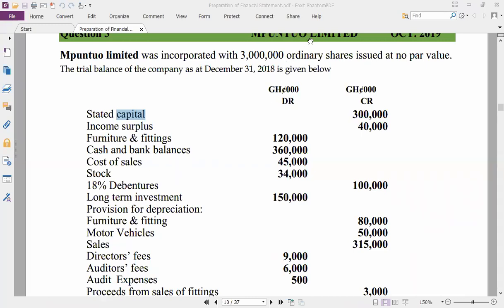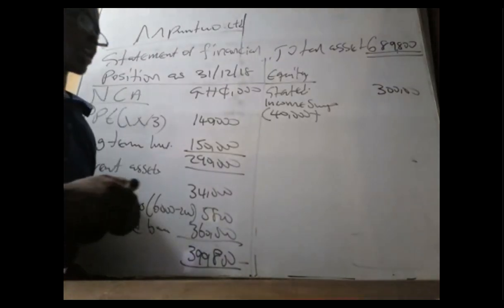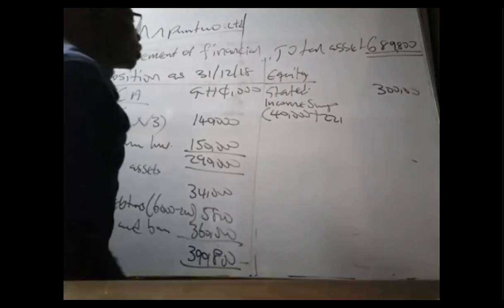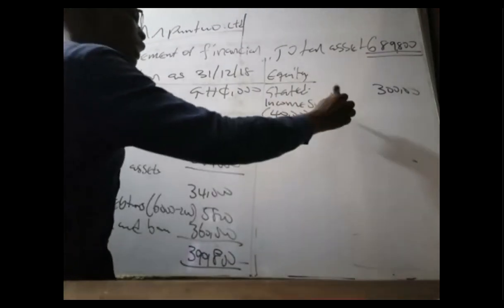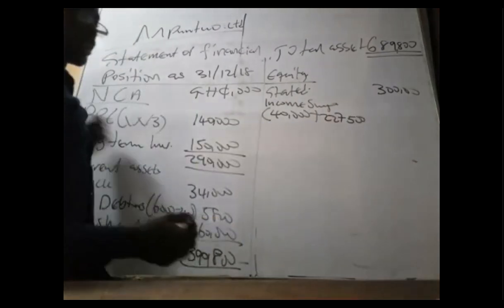We had profit after tax. I think we have something like 227,500. Agreed.